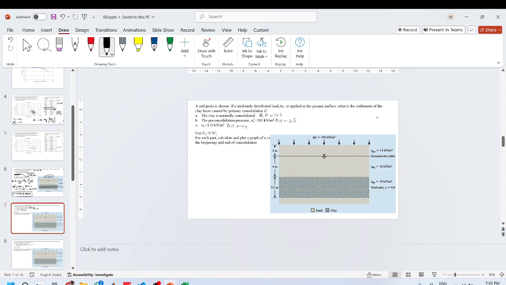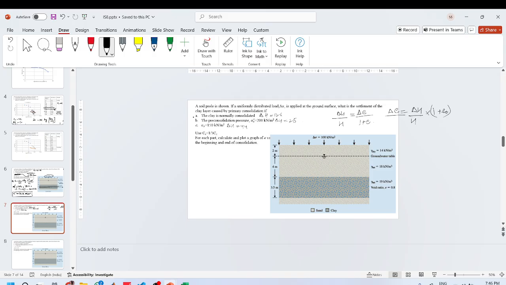So we know delta H over H, this is the change in height. This is equivalent to delta E over 1 plus E. Okay, so change in void ratio will be equal to delta H over H into your initial void ratio.